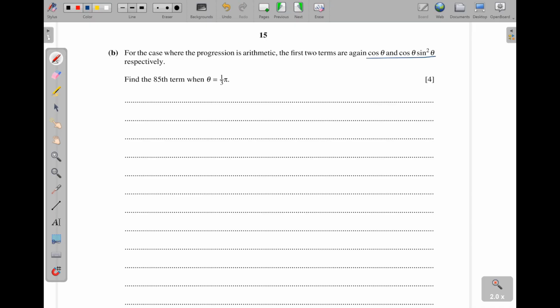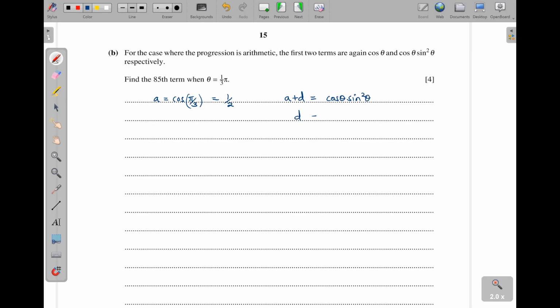They are given here, but then we need to get the common difference. So A is again cosine of pi over 3, which is a half. Then the second term is A plus D, which is equal to the cosine of theta sine squared theta.